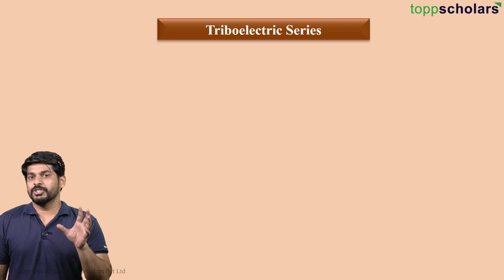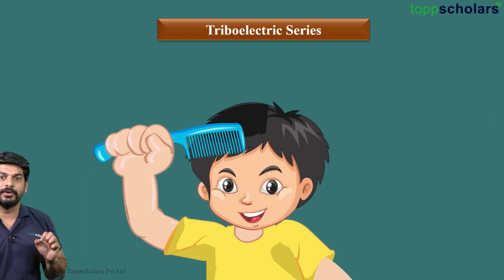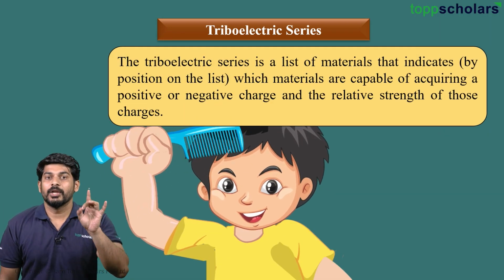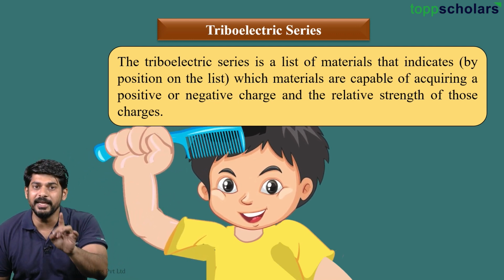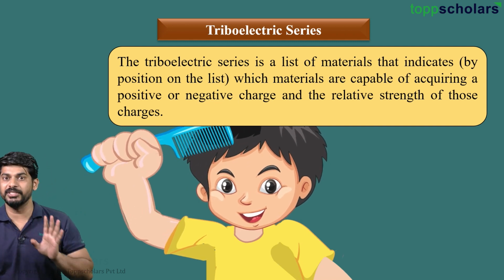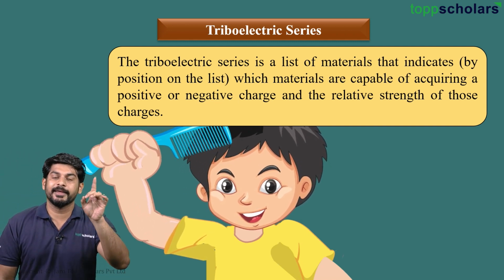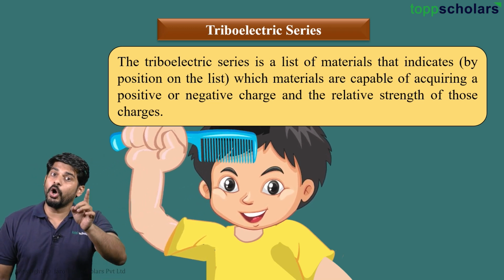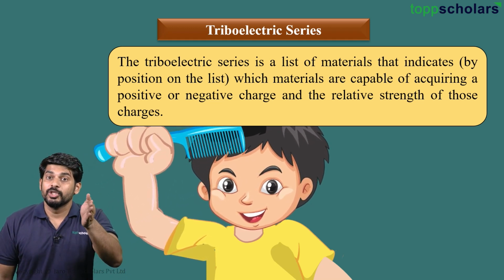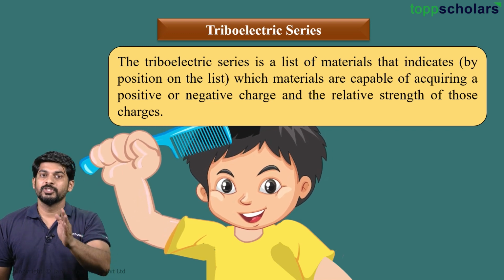Now let's talk about what we mean by the triboelectric series. Basically, the triboelectric series is a list of materials that indicates, by position on the list, which materials are capable of acquiring a positive or negative charge and the relative strength of those charges.